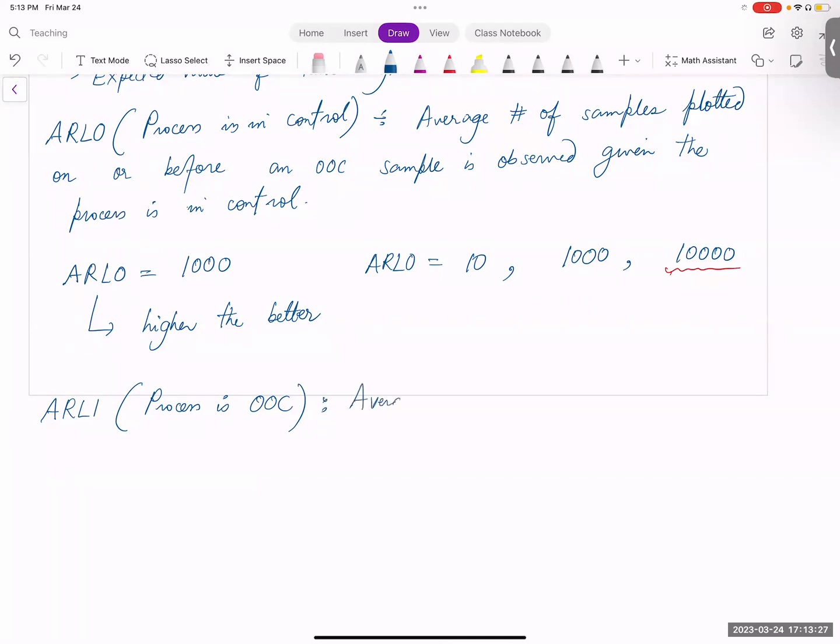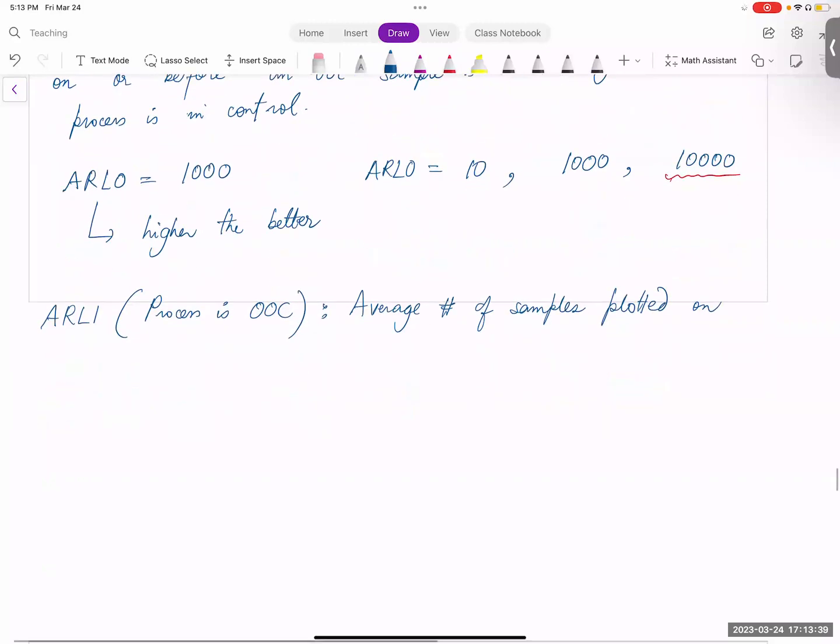This is the average number of samples plotted on or before an out of control sample is observed when the process is out of control. Now this time the process is out of control.